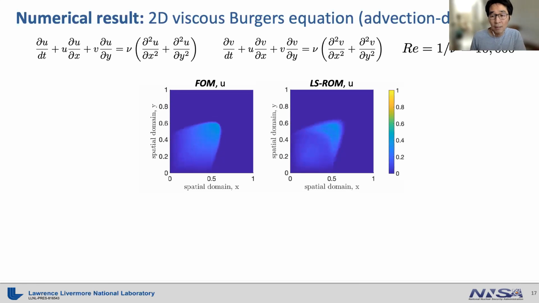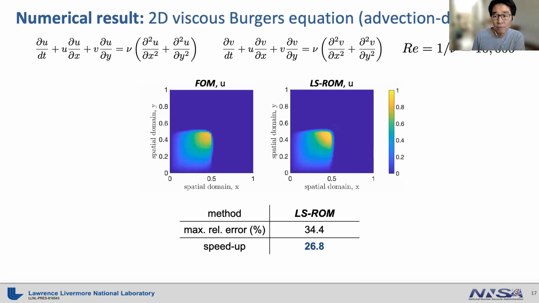As we expect, the movie shows that the LS-ROM exhibits some fictitious oscillation in front of the shock wave, resulting in a relative error around 34%, which is somewhat better than the black box approach I have shown you before. However, it might not be good enough for many scientific applications.